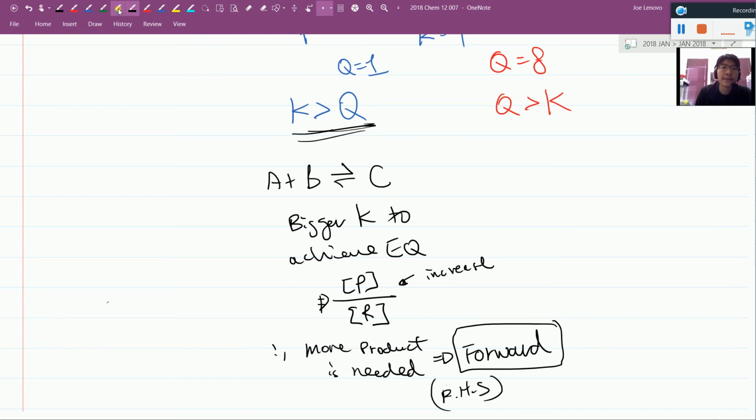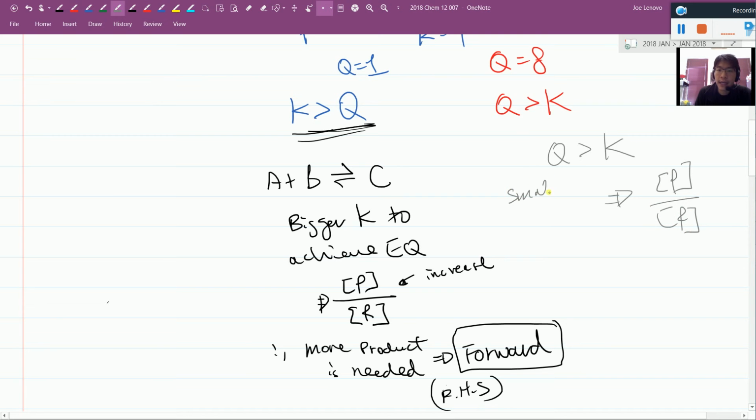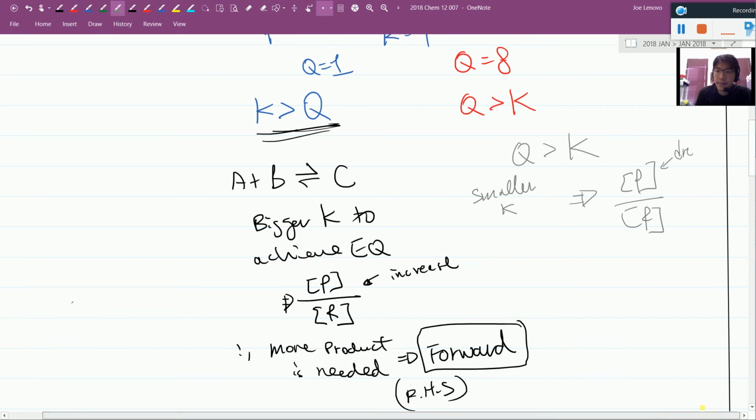On the other hand, if Q is bigger than K, then looking at the equilibrium constant with product and reactants, we want a smaller K this time to achieve equilibrium. A smaller K means that we need to decrease the product but increase the reactants.